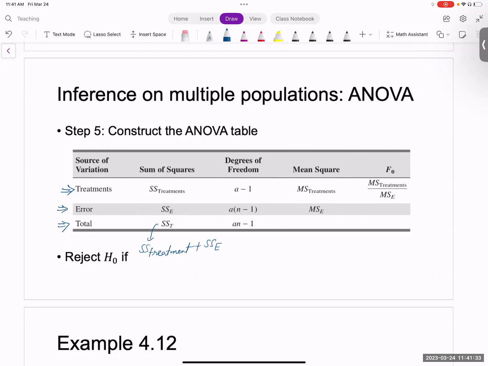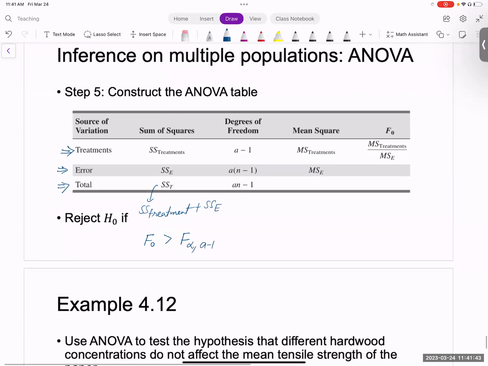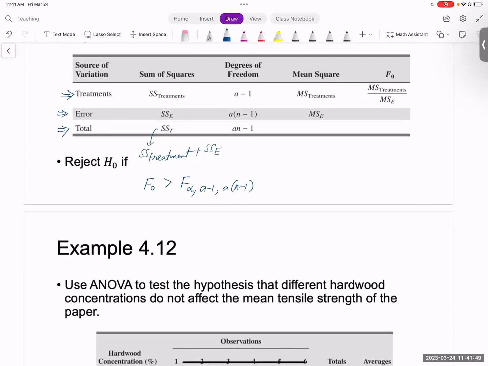Once you have computed everything, to perform hypothesis testing, you have to test if F0 is greater than a critical value, which is F of alpha, comma, a minus 1, comma, a times (n minus 1). And how do you compute this on a calculator? Once F0 exceeds this value, you can reject the null.